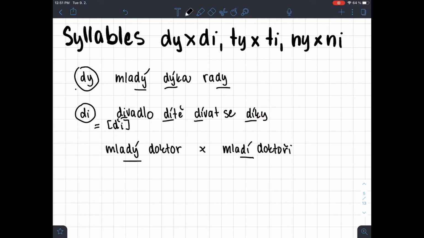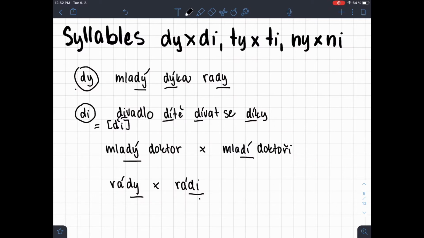Another example. Rády and rádi. You might recognize this word from phrases like mám ráda jazyky, ráda čtu knihy, etc. So this is the plural form. The rádi with the soft I is like máme rádi češtinu.